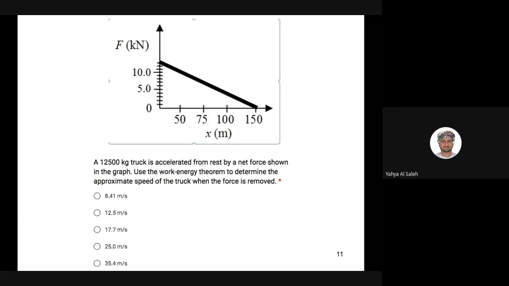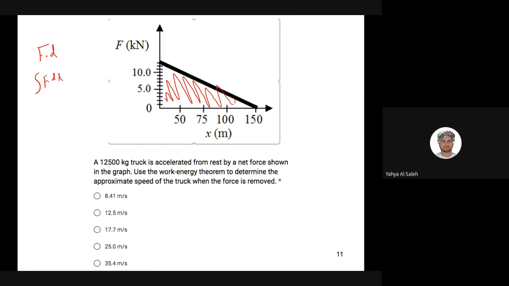Now, indeed, what we do is F dot d. Given that our equation is F dot d or F dx, and that we have a graph with force on the y-axis and x on the x-axis, the easiest way to find the work done is not to do integration, but to look at the area underneath the graph.